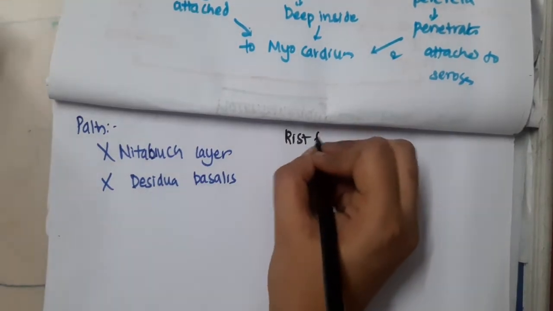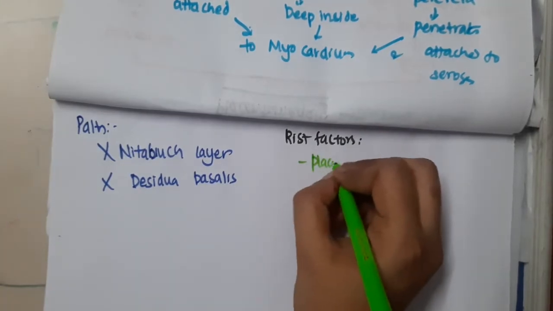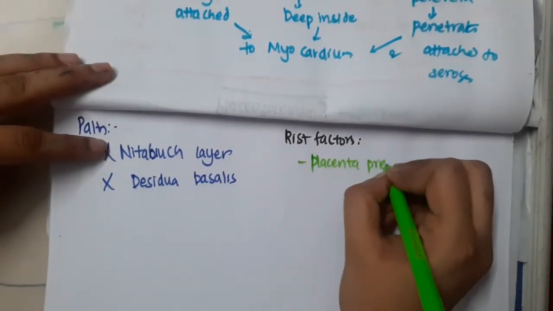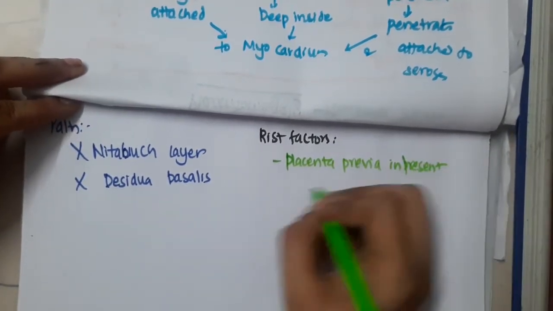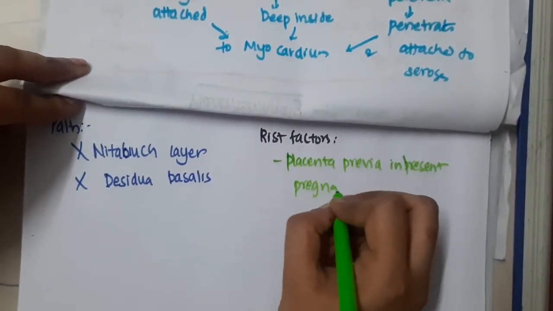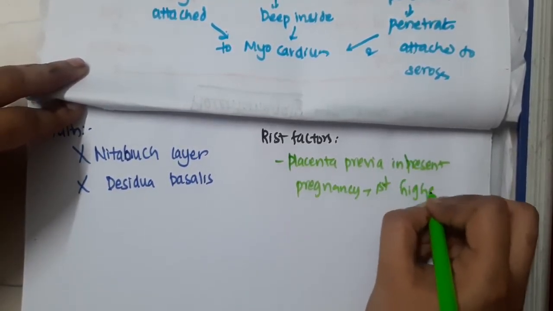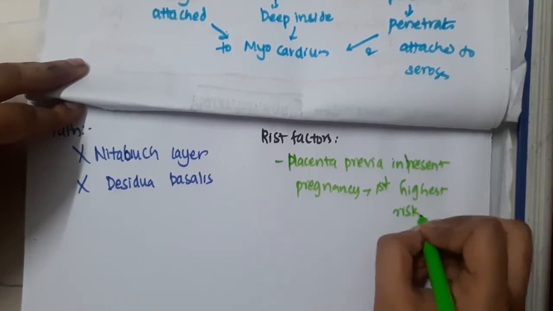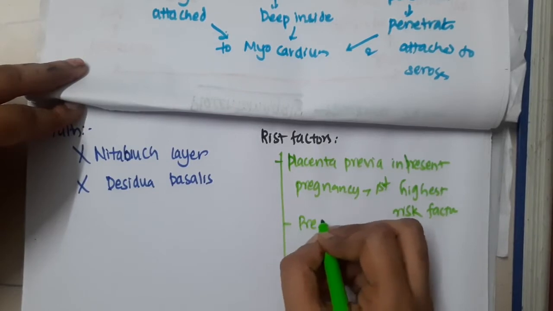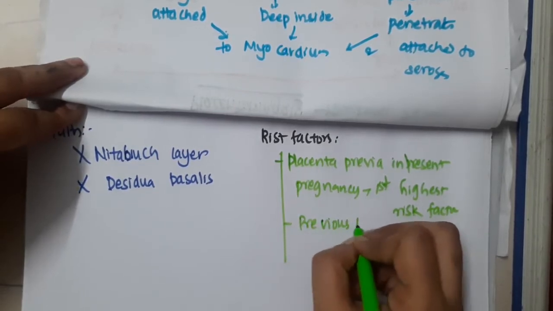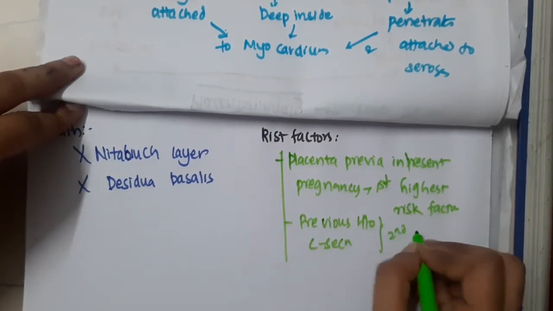Next, if you see the risk factors, one, we have placenta previa in the present pregnancy, which is the first highest risk factor. Then the next risk factor is if the patient has previous history of C-section, which is the second risk factor.